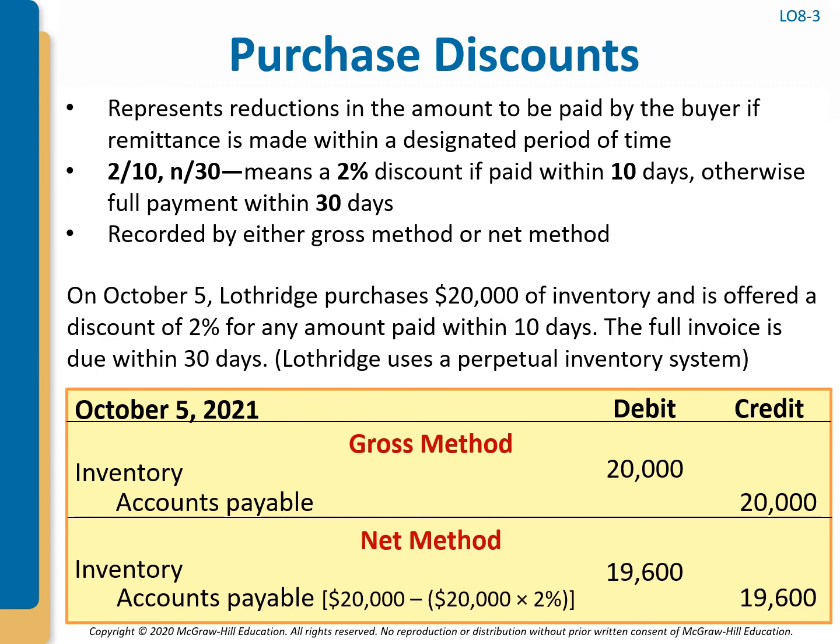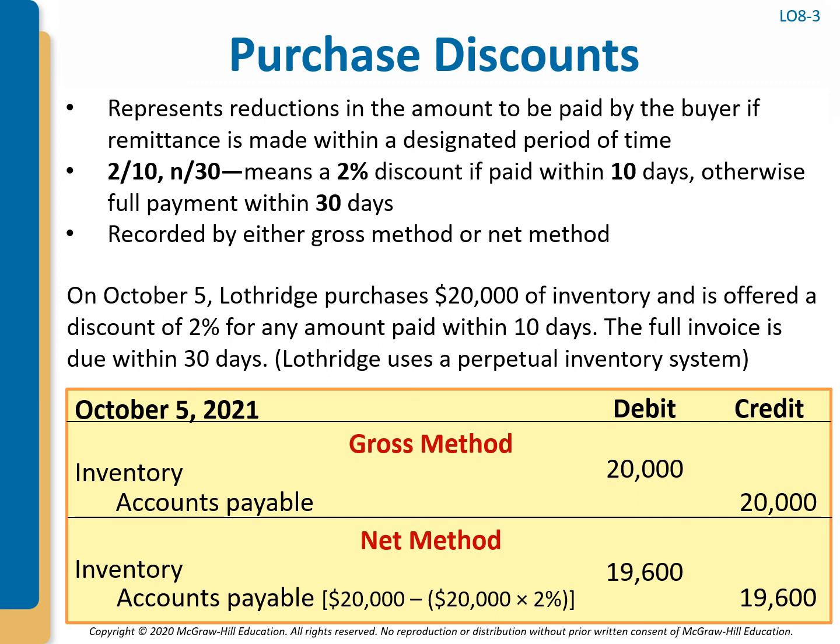The net method, though, treats the 2% discount as if it is already taken. If you have a 100% purchase with a 2% discount, that means you're only paying 98% of the cost. $20,000 times 98% gives you the net amount. So we treat the full discount on the day of the transaction as if we take the discount on the whole amount.